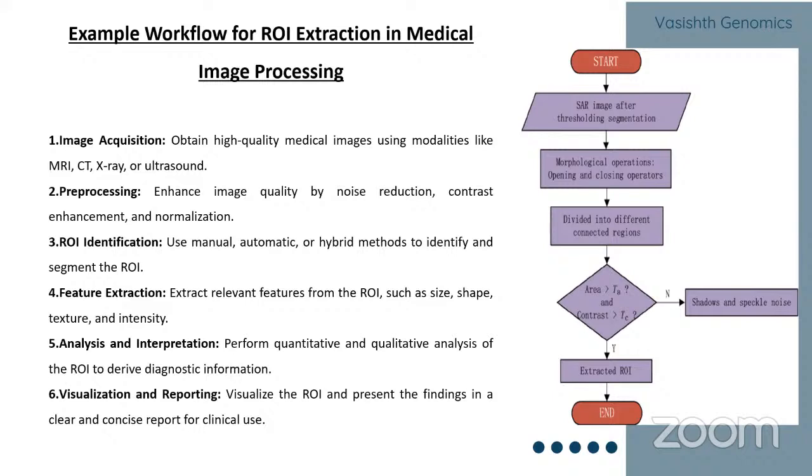Feature extraction: extract relevant features from the ROI, such as shape, texture, and intensity. Then analysis and interpretation: perform quantitative and qualitative analysis of the ROI to derive diagnostic information. And then visualization and reporting: visualize the ROI and present the findings in a clear and concise report for clinical use.